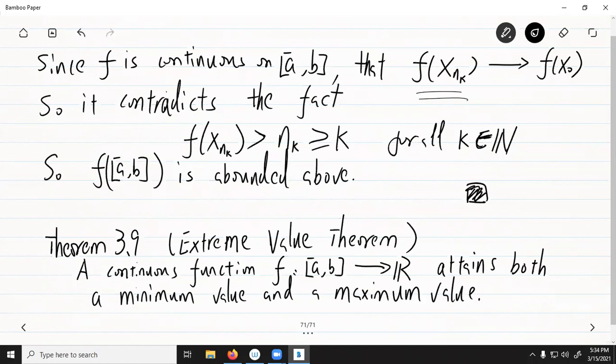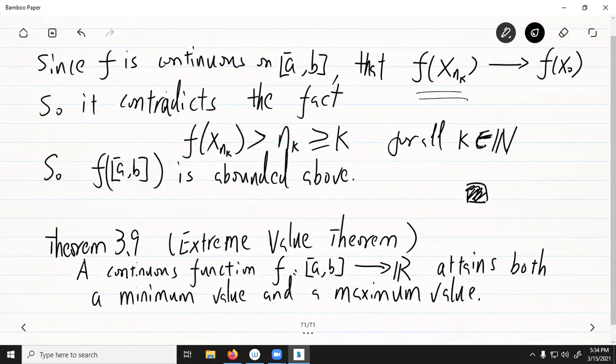It says you have a continuous function. The domain is a closed interval. Then it must have both a minimum value and a maximum value. Now let's prove it. Let's prove it must have the maximum value.